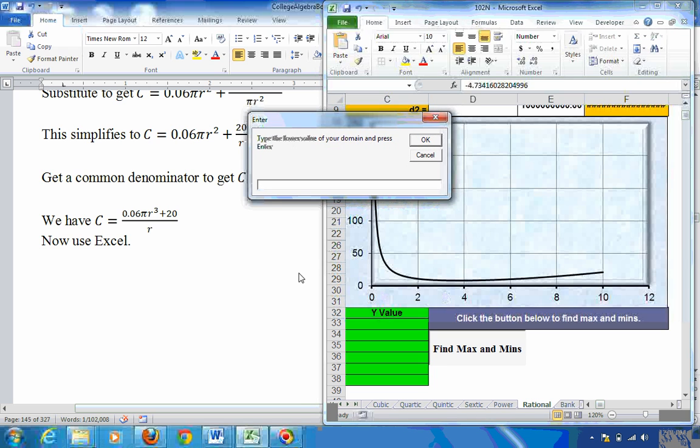Now, what's the lowest value that this r could be, a radius? Well, if you have 0 for a radius, you don't have a can. It definitely can't be negative, but it also can't be 0 either. So I just put in a very small number for the radius, like 0.1 or something, where you can make it smaller if you like, but not 0. And then put in your upper value. Well, how big could your radius be?